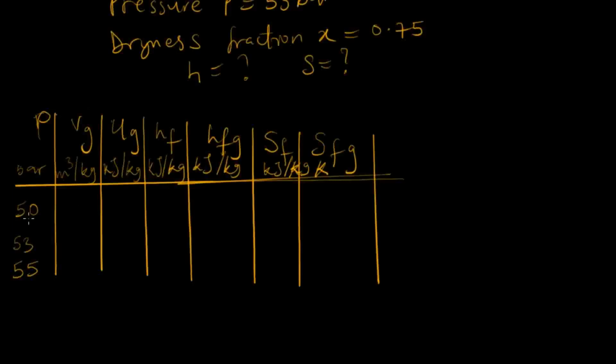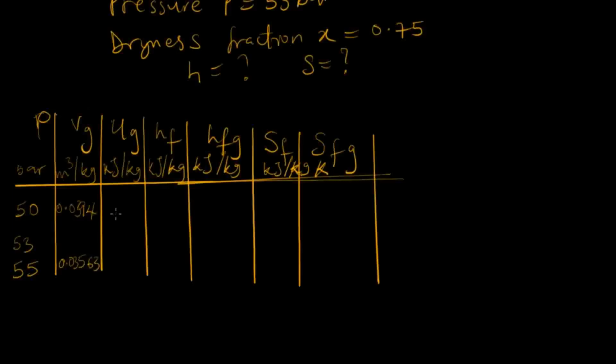Here for 50 bar, I have Vg of 0.0394, and at 55, 0.03563.